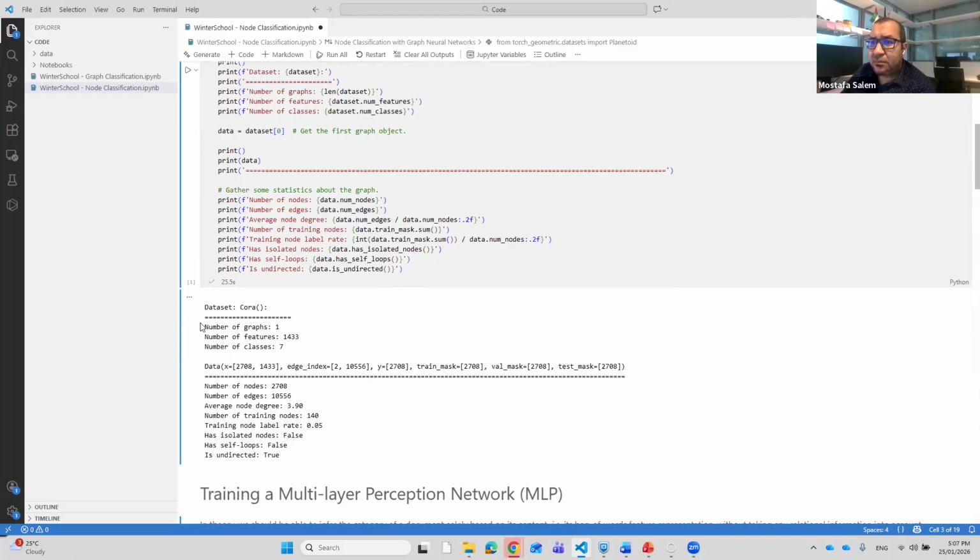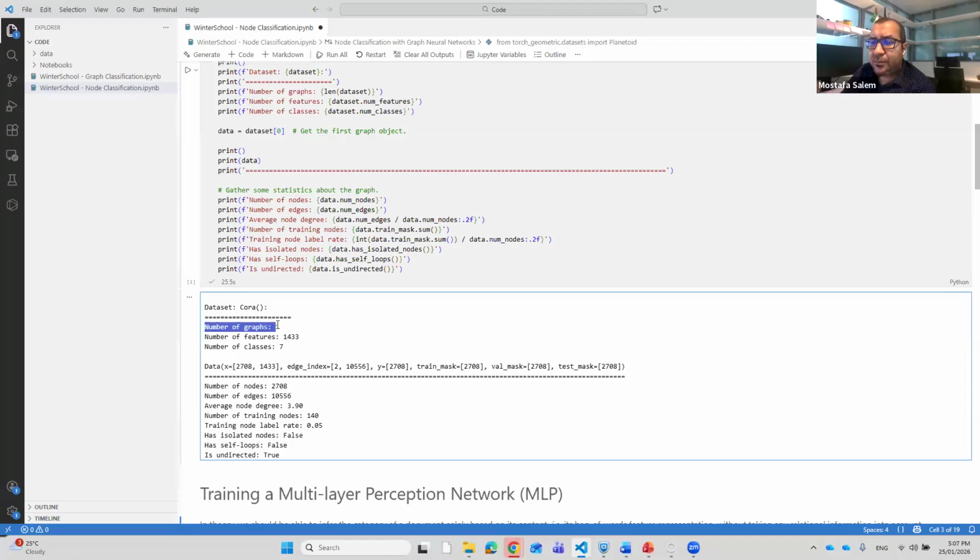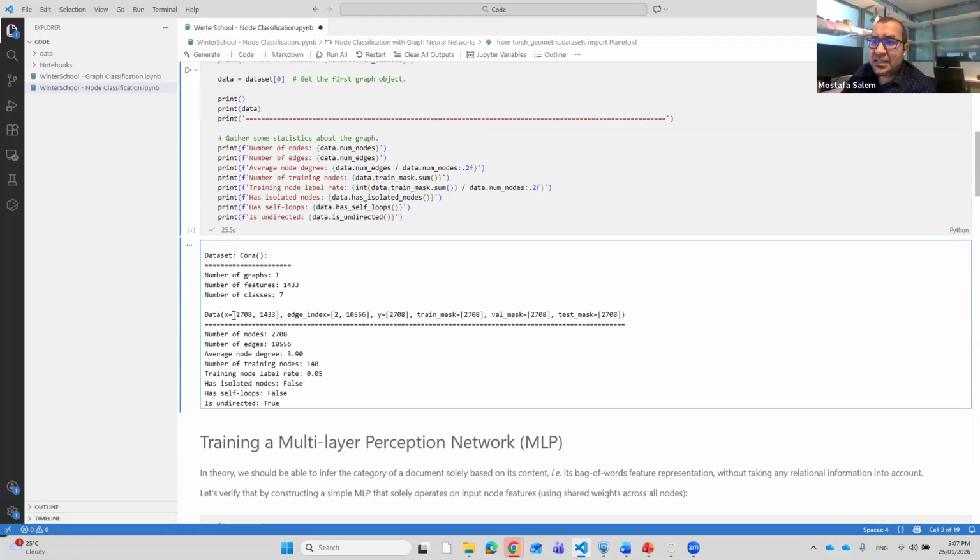So I have only one graph. The number of graphs is 1. The number of features is 1,433. The number of classes is 7. So each node will be classified into one of 7 classes. So this is the data I have.